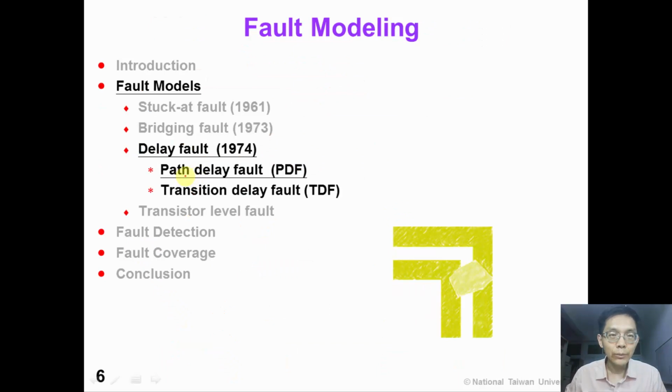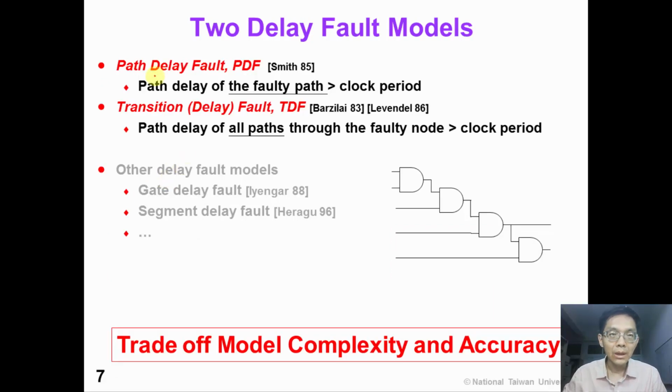Now, let's move on to the details of two popular delay fault models, the path delay fault model and the transition delay fault model. The path delay fault model, or PDF, was proposed by Smith in 1985. In the path delay fault, it is assumed that the path delay of the faulty path is larger than the clock period.